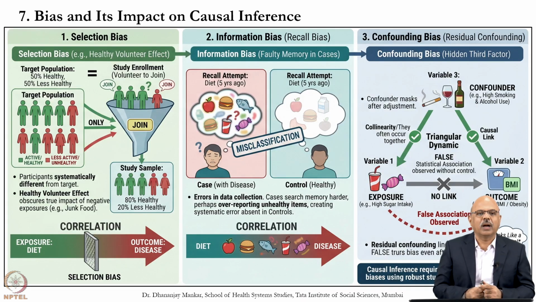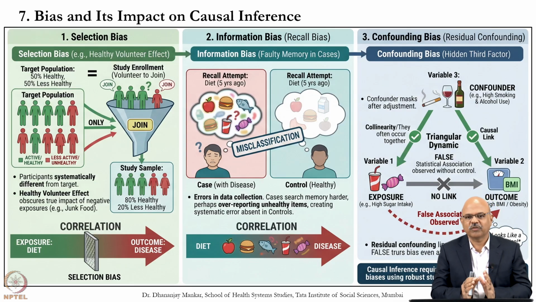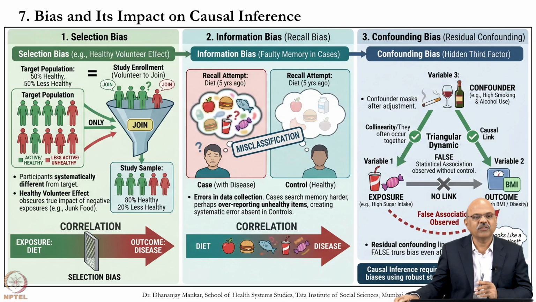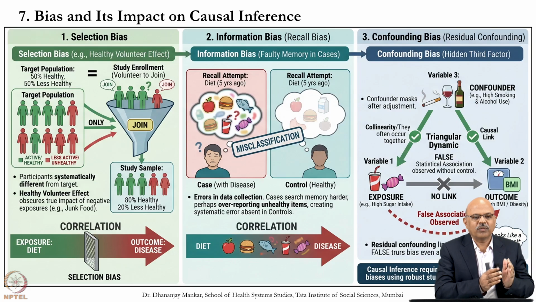Now we can understand bias and its impact on causal inference. There is selection bias, information bias and confounding bias. So what is selection bias? An example is the healthy volunteer effect. Take a target population where 50% are healthy and 50% are less healthy.